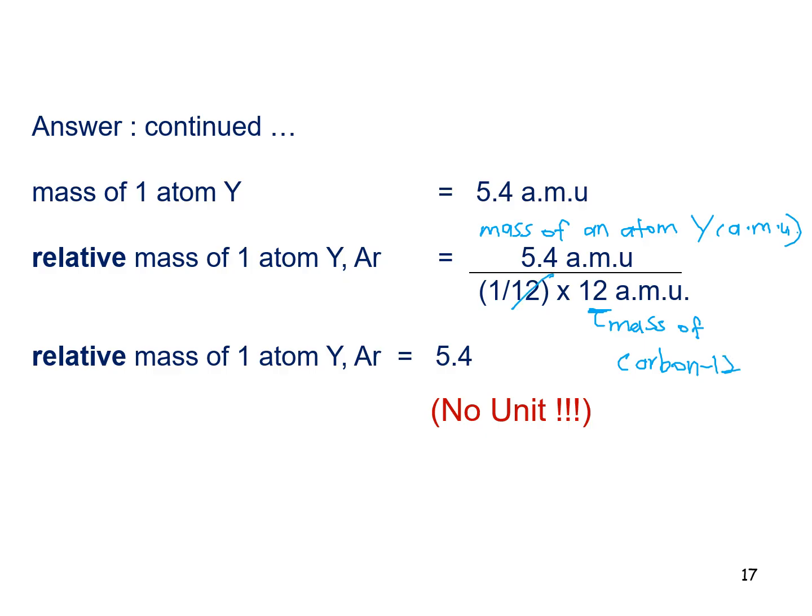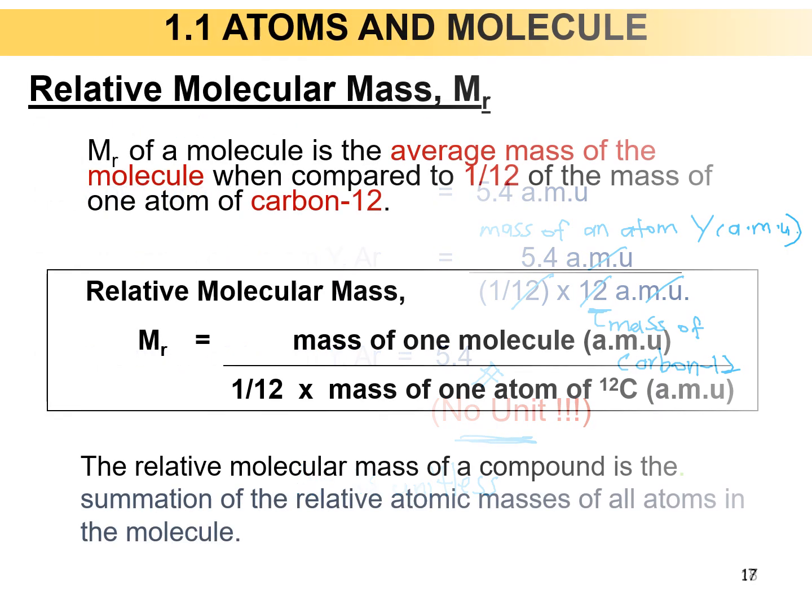So basically 12 ni akan cancel out dengan 12, AMU akan cancel out dengan AMU. So you dapatlah relative mass of atom Y ni is actually 5.4. Remember, no unit. Okay, remember AR is unitless, so dia tiada unit. So that's how you cari relative atomic mass of an atom Y.